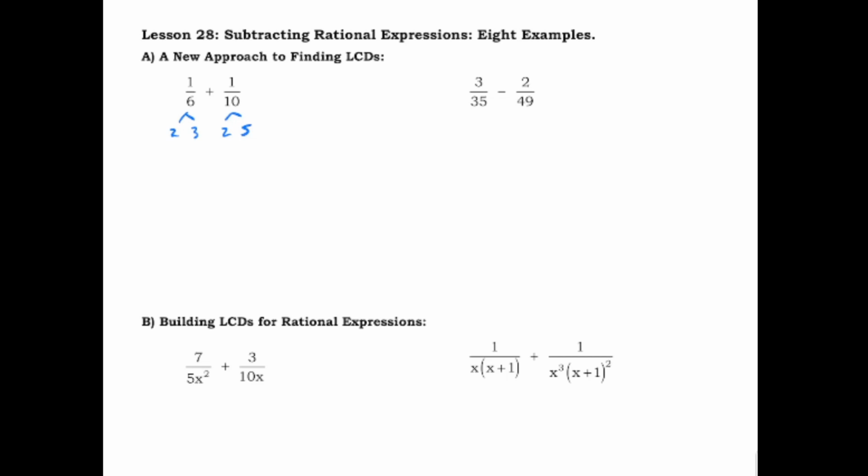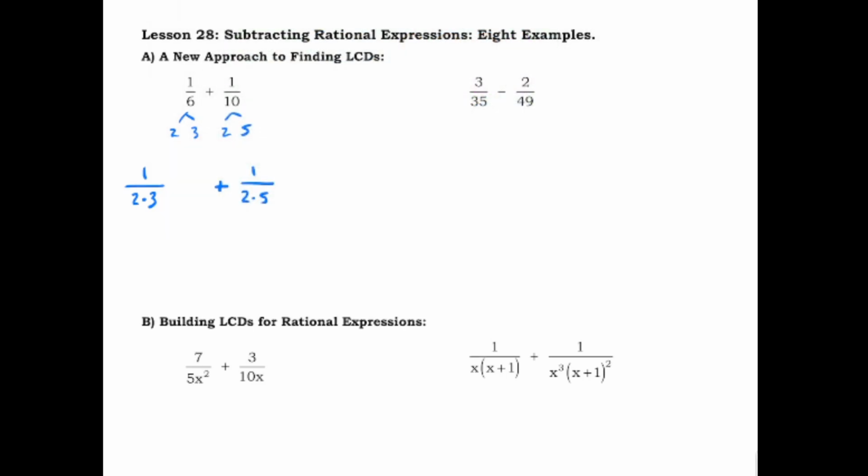So I've done a nice little prime factorization, and so instead of 1/6, I'm going to write it as 1 over 2 times 3. Then I'm going to leave a lot of space, and then this 1/10, instead of 10, I'm going to write it as 2 times 5. So you factor it up, and then here's what makes it nice, the next step.